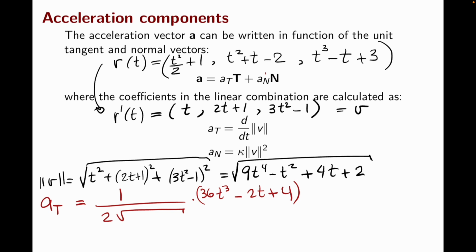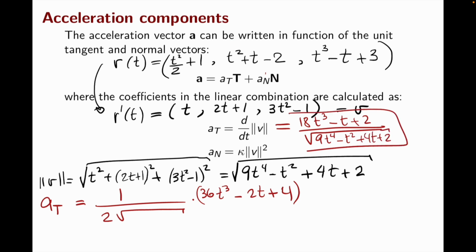And so simplifying, dividing everything by 2, we get that this is equal to 18t cubed minus t plus 2, divided by the square root of 9t to the fourth minus t squared plus 4t plus 2. So this is then the component that will be multiplying the tangent vector.